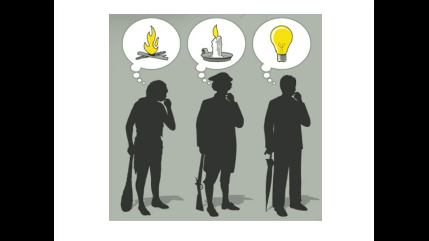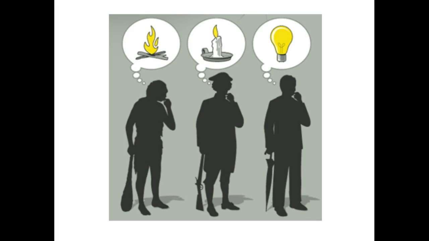Here's another example. If you look on this slide, you'll see a caveman with a campfire. The campfire provided a way to cook food, but it also provided light so that people could actually see each other at night. That extended their day somewhat.